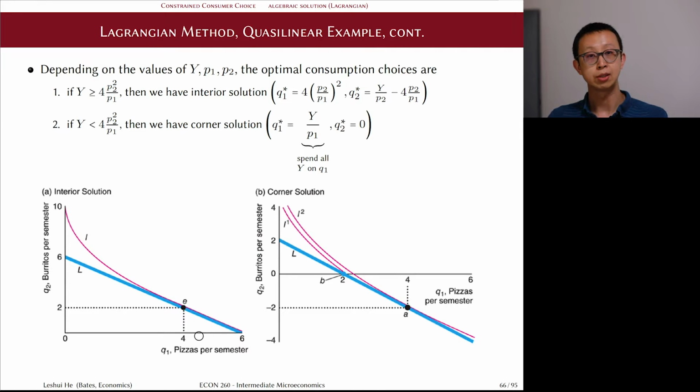However, if Y is not sufficiently high, or if good 2 is expensive relative to good 1, then we start to run into this right-hand side scenario. When the indifference curve is tangent to the budget constraint, this tangent point lands on a negative quantity of good 2.